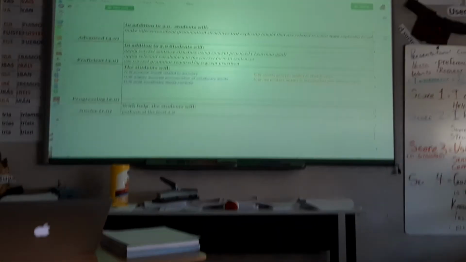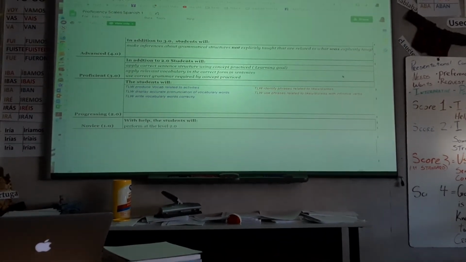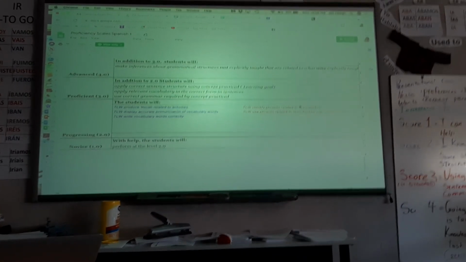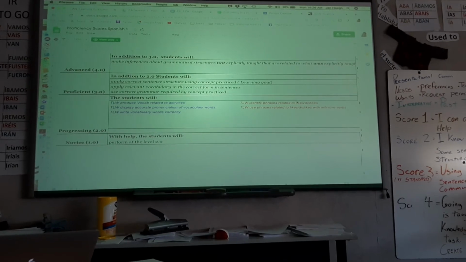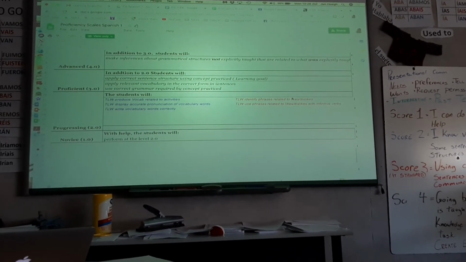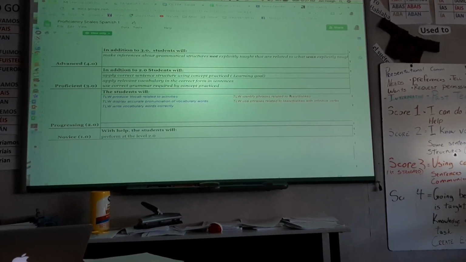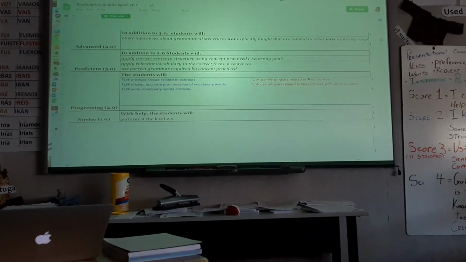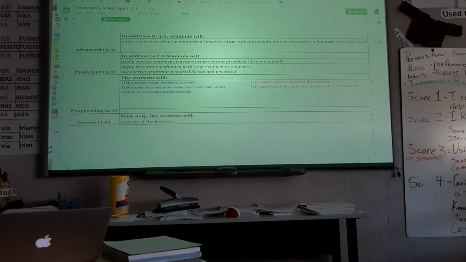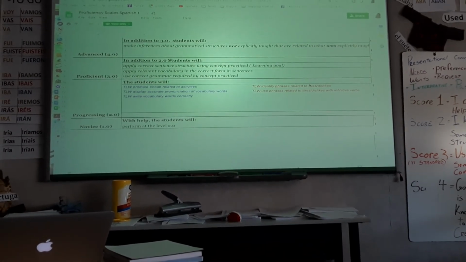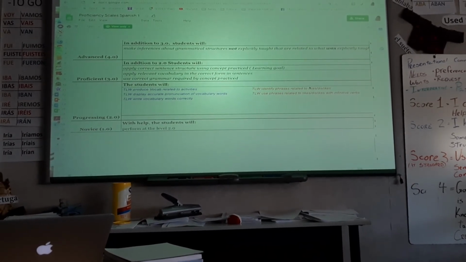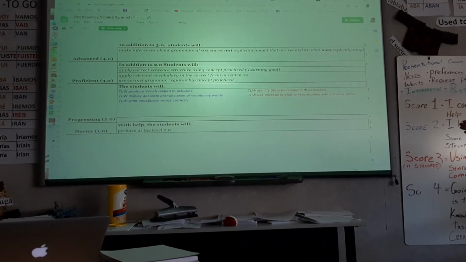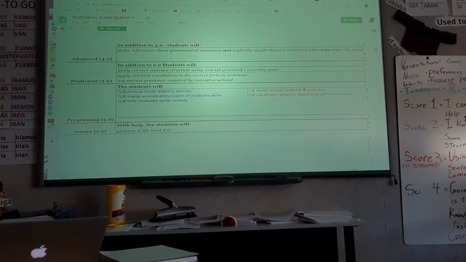As opposed to that, every single one of their proficiency scales has this exact same language at score 3 and score 4: apply correct sentence structure using the concept practiced, apply relevant vocabulary in the correct form in sentences, use correct grammar required by the concept practiced. They probably have 8 or 10 proficiency scales. That doesn't change. What changes on their scales is the blue and the red.